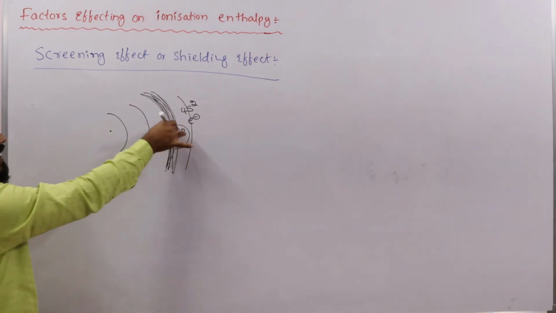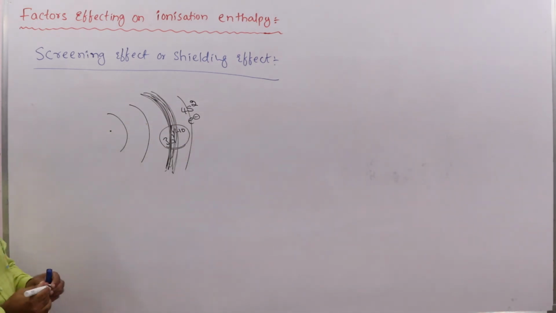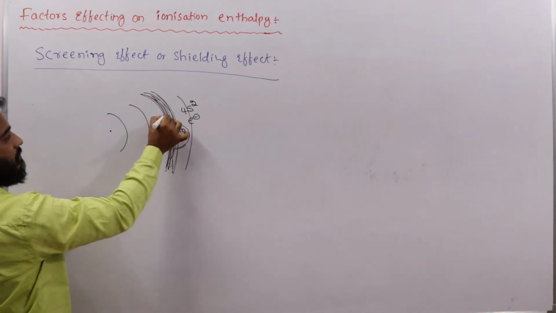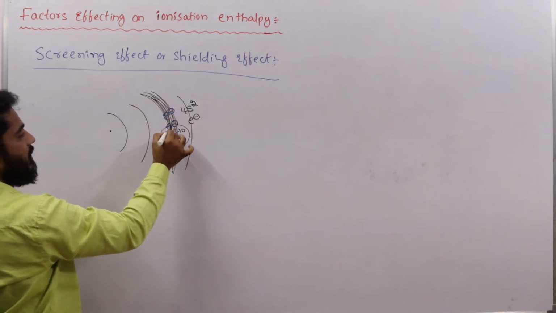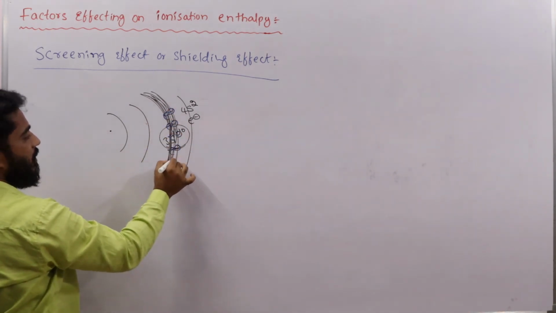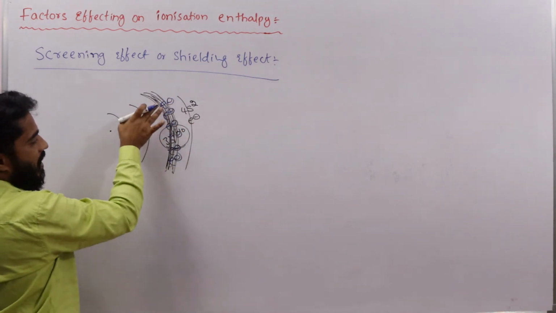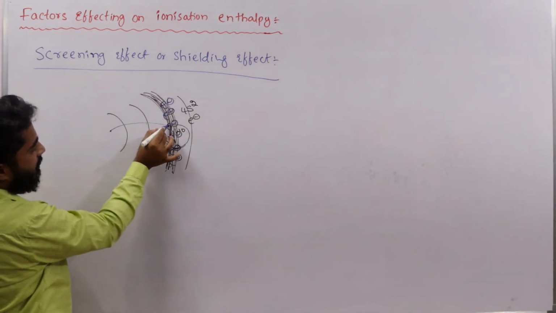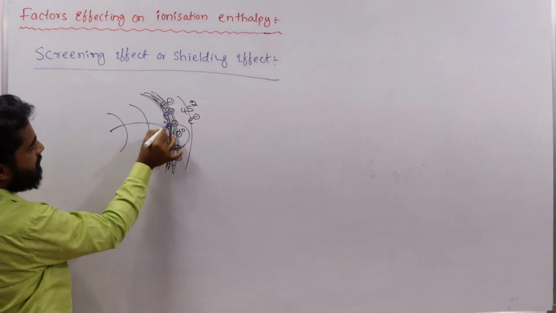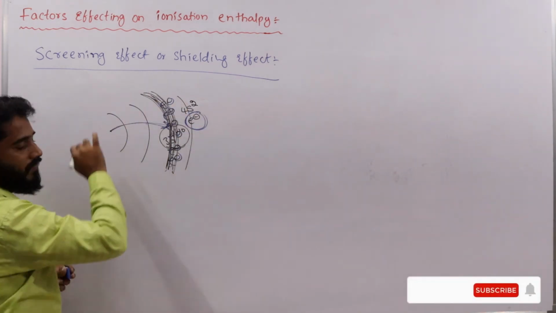When inner electrons increase, the electrons present in the inner shell stop the nuclear attractions on the outermost electron.